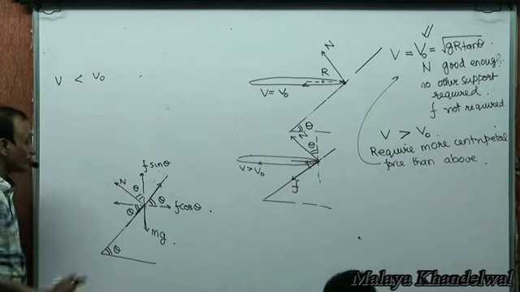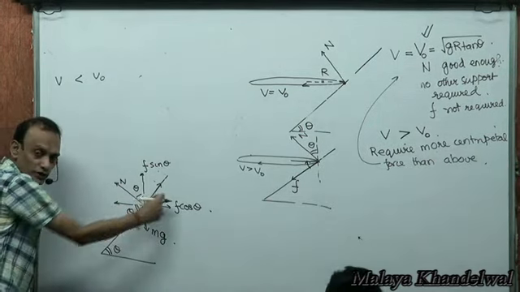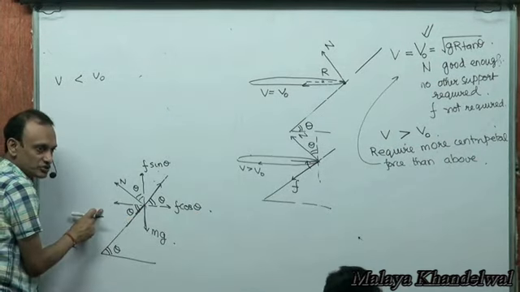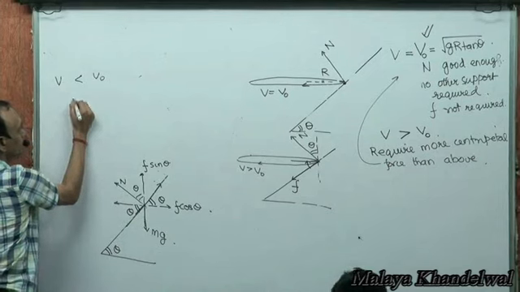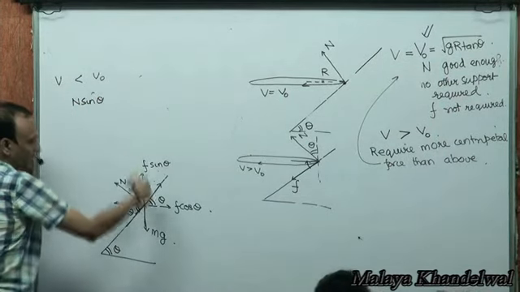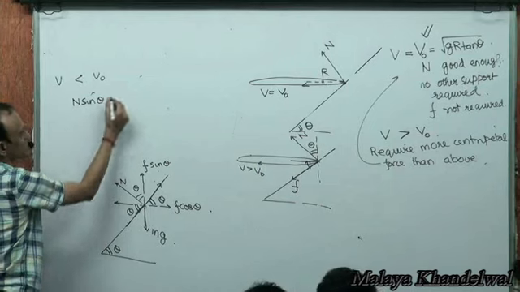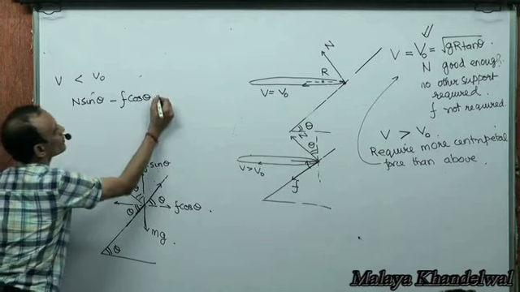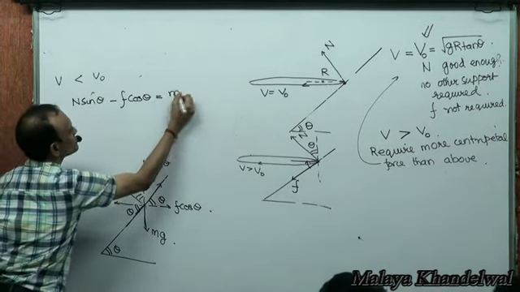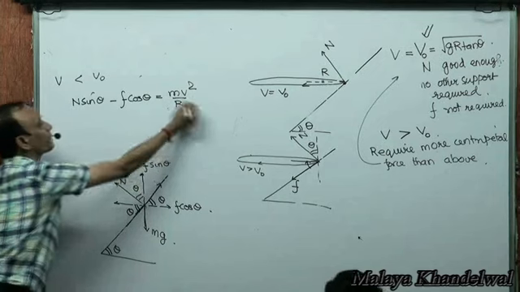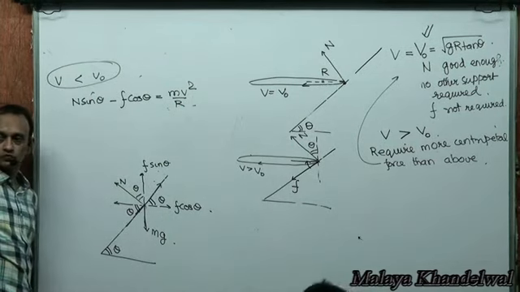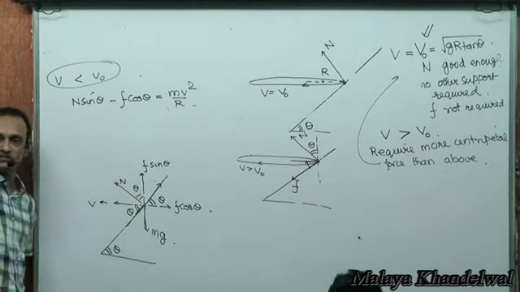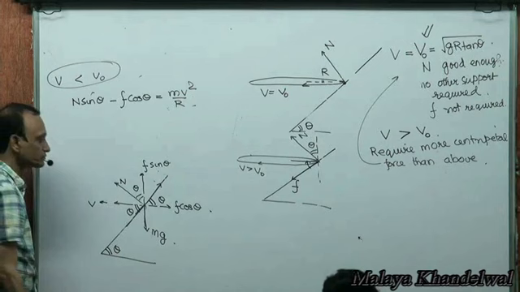Now, N sin theta, component of N in this direction, minus f cos theta will provide the required centripetal force, isn't it? N sin theta minus f cos theta provides the required centripetal force mv squared by r. Yes or no?